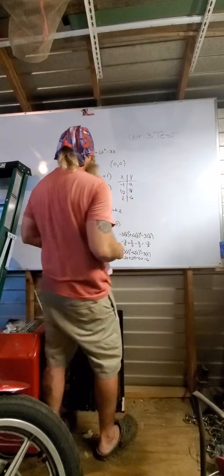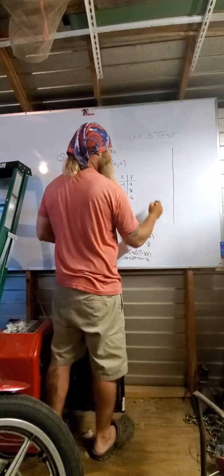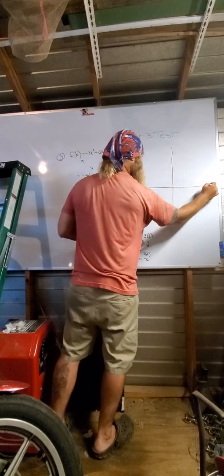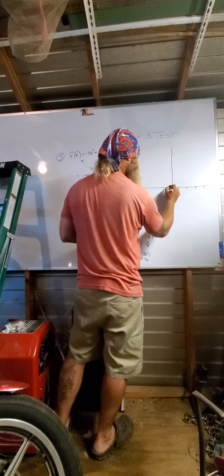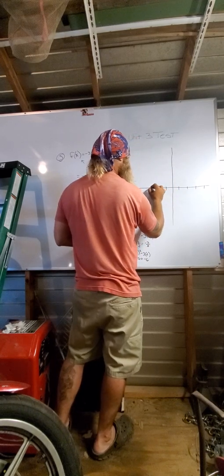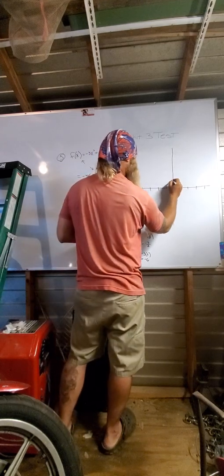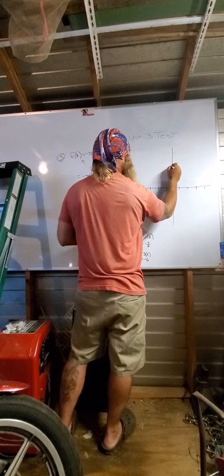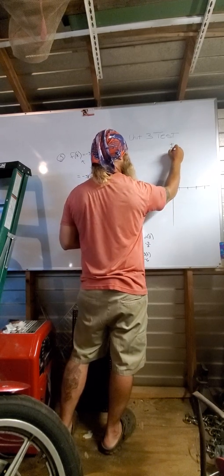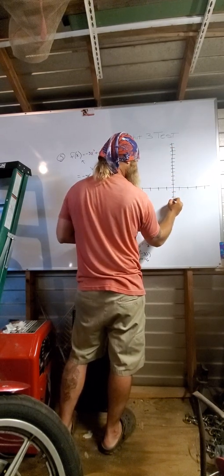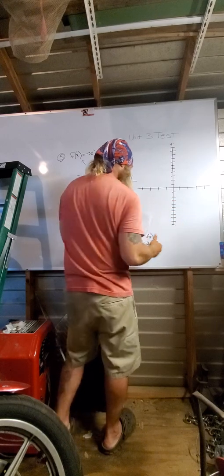So on our graph, I'll try to draw this as good as I can. We're going way up. 12, going real hard. 1, 2, 3, 4, 5, 6, 7, 8, 9, 10.